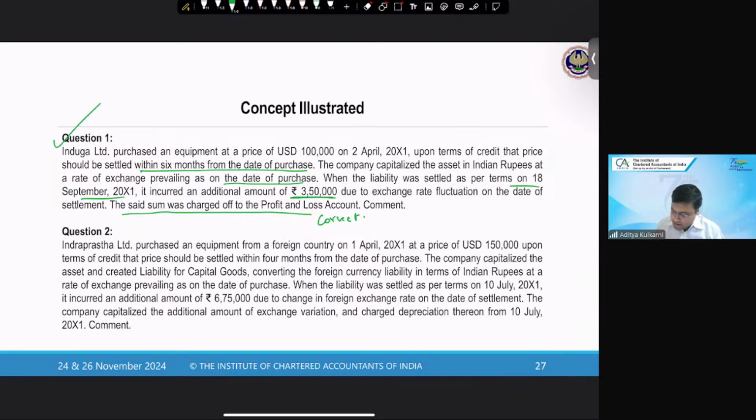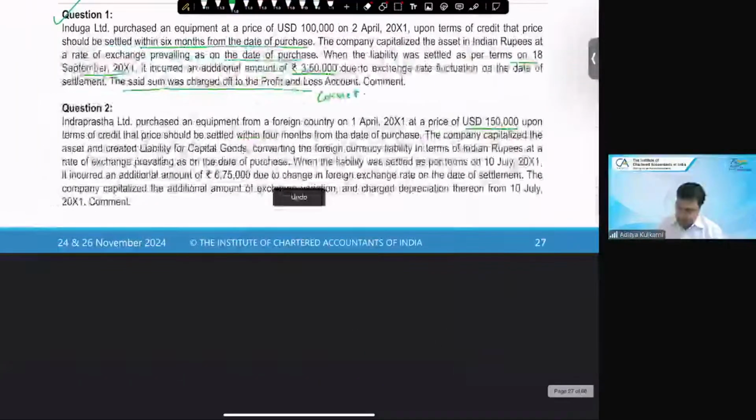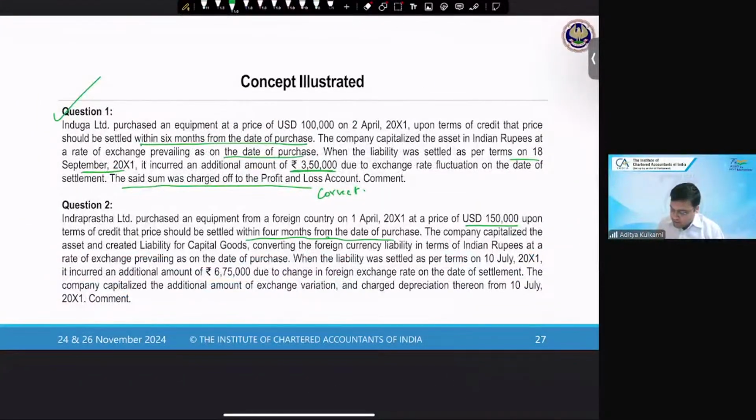Indraprasth Limited purchased an equipment from a foreign country on 1st April 20x1 at a price of $150,000 upon credit terms that the price should be settled within 4 months from the date of purchase. Within 4 months. The company capitalized the asset, created liability for capital goods, converting the foreign currency liability at a rate of exchange prevailing on the date of purchase.